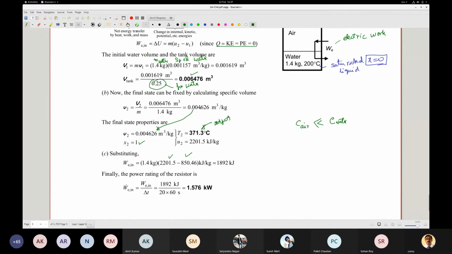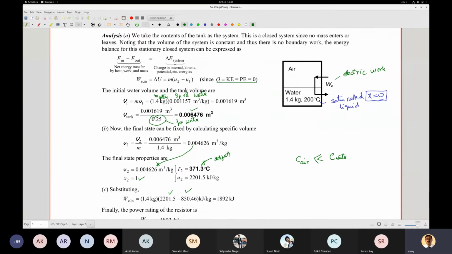These are mainly simple applications of the first law, and you have to know how to calculate the properties.